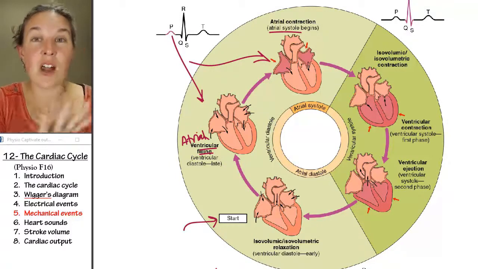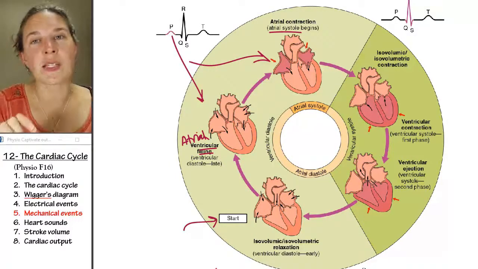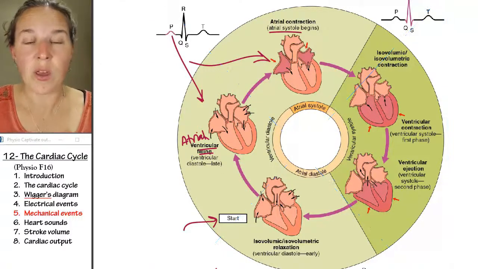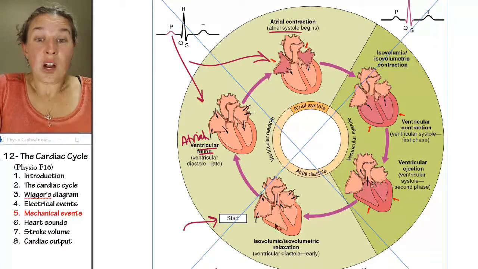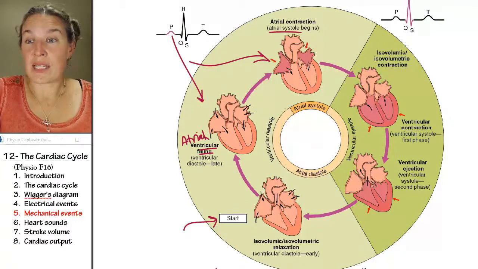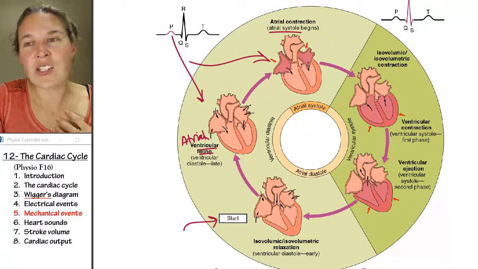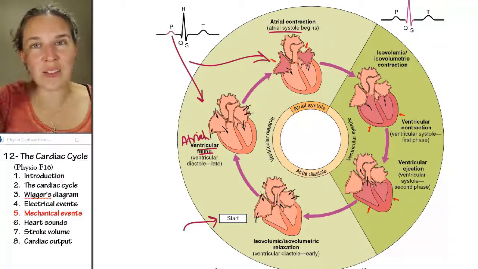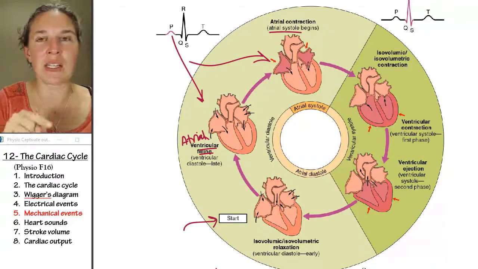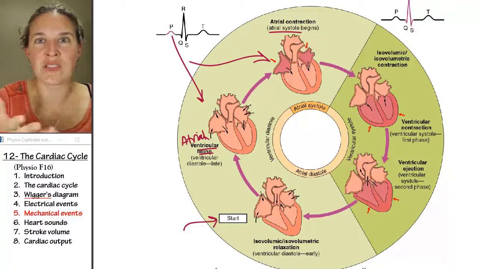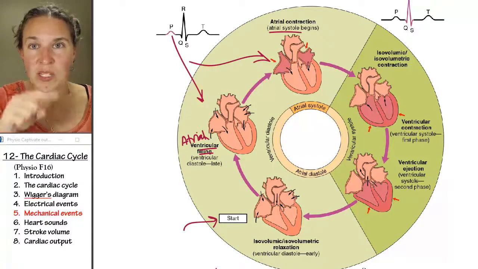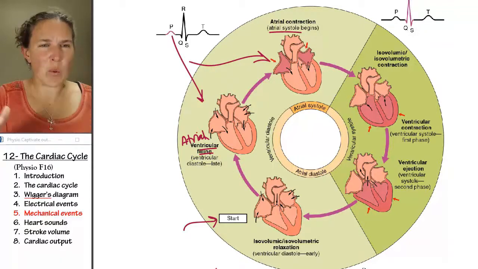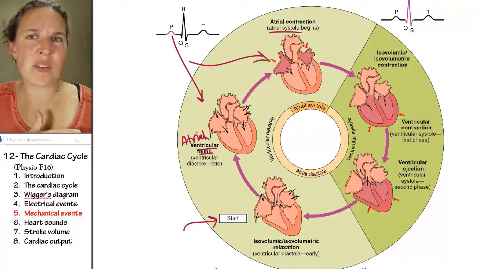All right, so we've got our electrical activity that is ultimately going to stimulate the mechanical stuff that we're going to look at right now. We start at the point where everything is relaxed, and that is actually sort of arbitrary, as all cycles are. Where are we going to begin evaluating the events in a cycle? You always have to start somewhere arbitrary because the whole thing goes in a circle. If at any point you're like, wait a second, what happened right before this?